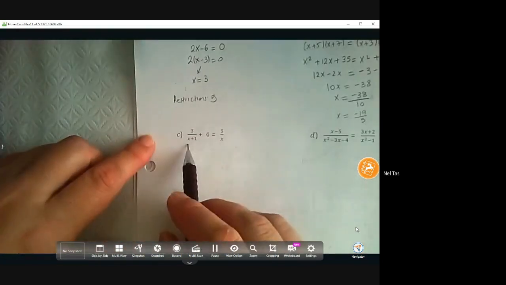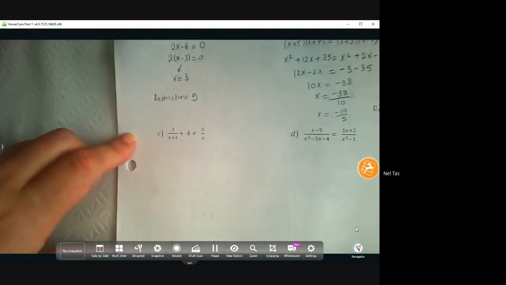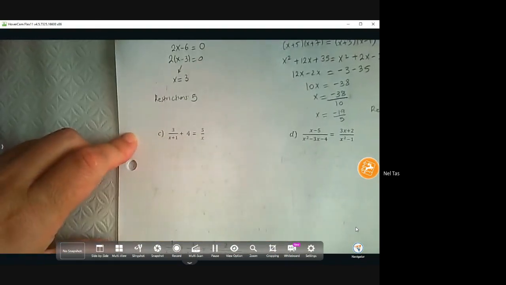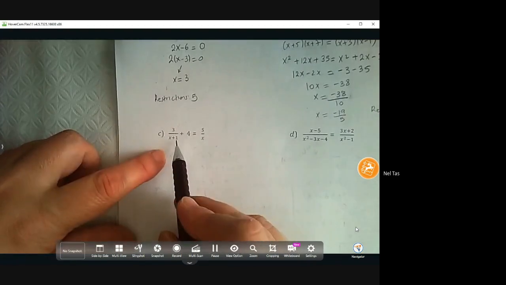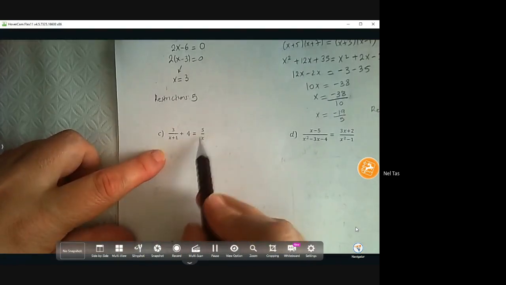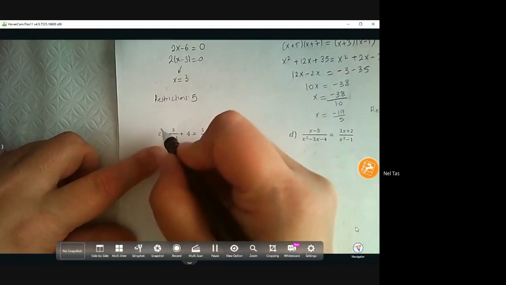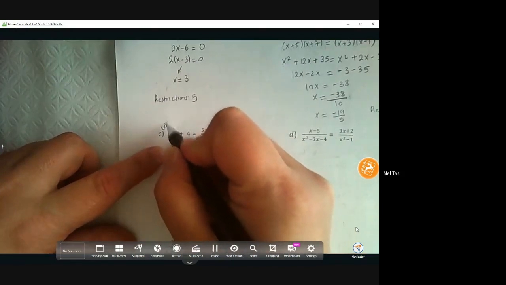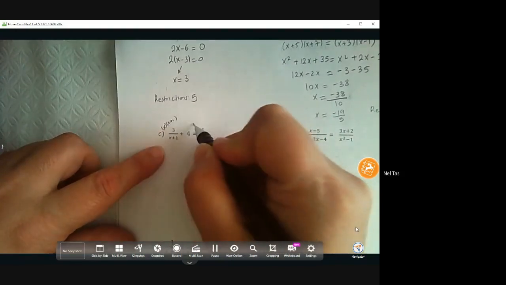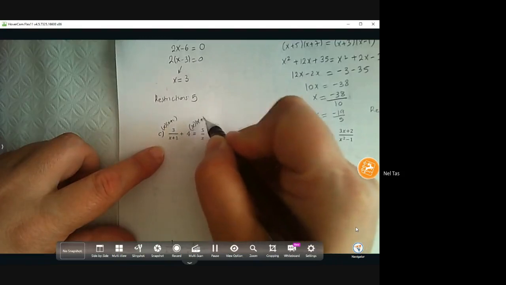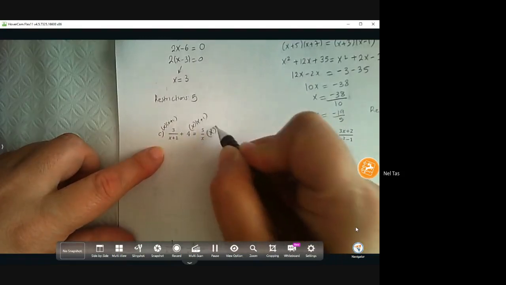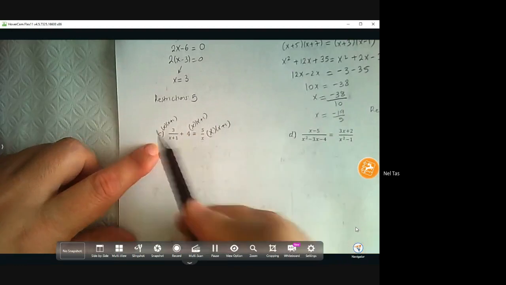Let's look at the next question. C: 3/(x + 1) + 4 = 5/x. So the LCM is going to be (x + 1)(x). So we're going to multiply every term by x(x + 1).